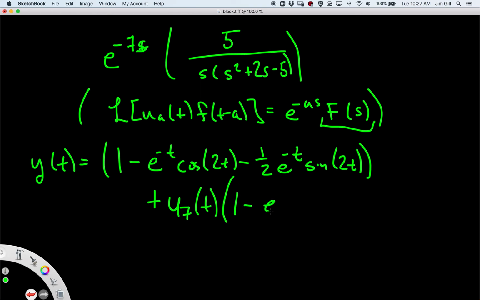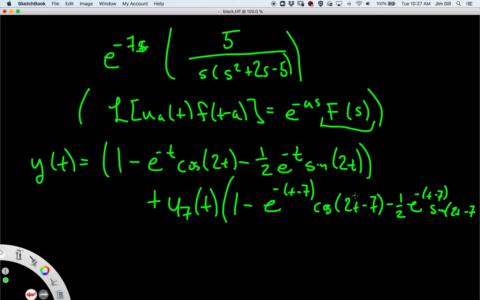So 1 minus e to the negative (t minus 7) cosine (2t minus 7) minus 1/2 e to the minus (t minus 7) sine (2t minus 7).